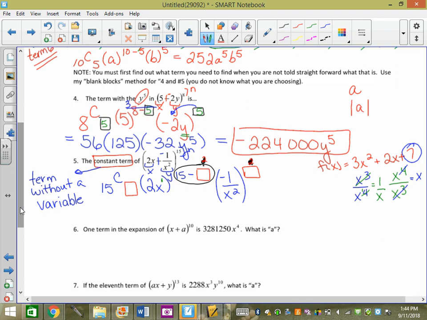This would be x to the 4, and this would be x to the 13. Did they cancel? No. Let's do a 3. This would be x to the 6. This would be x to the 12. Did they cancel? Let's try a 4. This would be x to the 8. This would be x to the 11. Are they canceling? Nope. What about a 5?